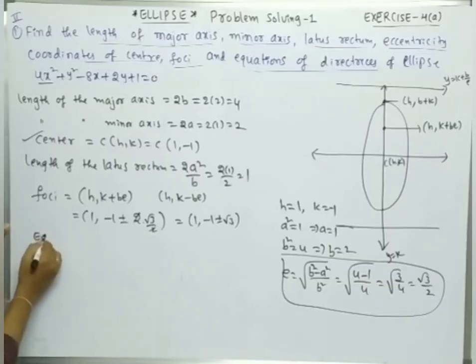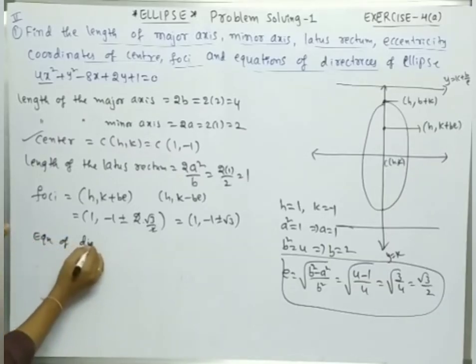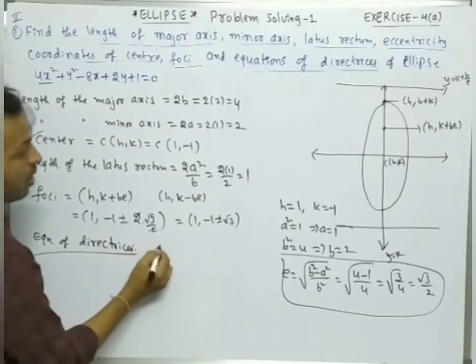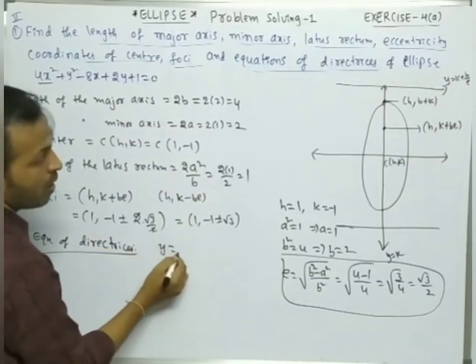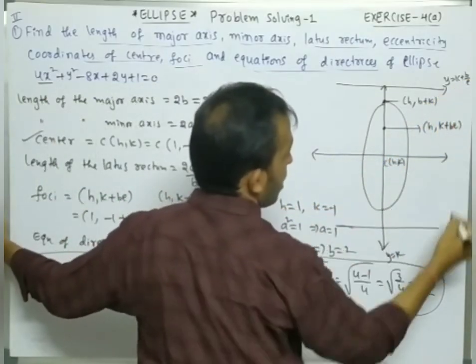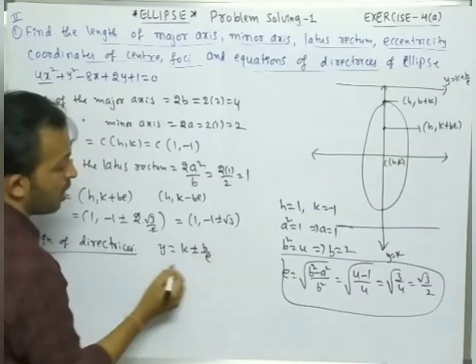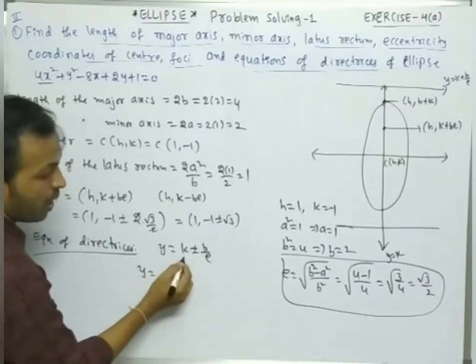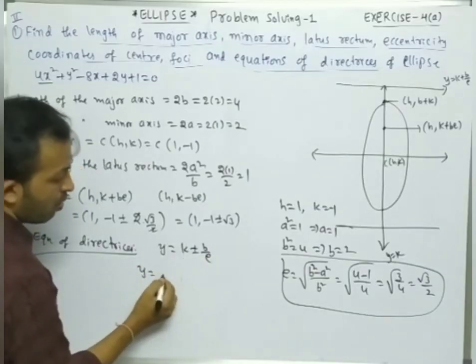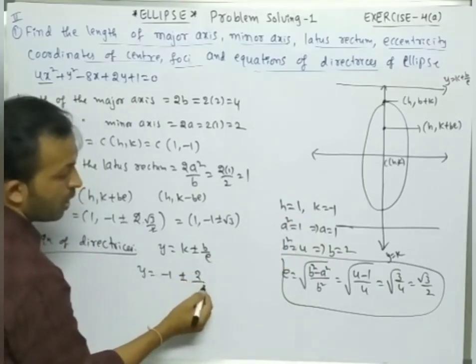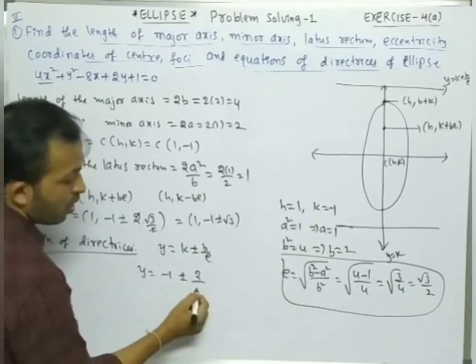Equation of directrices, that is y is equal to k plus b by e, y is equal to k minus b by e, that is y is equal to k plus or minus b by e. So y is equal to k, what is the value of k? Minus 1 plus or minus b, 2, by e, root 3 by 2, which becomes 4 by root 3.